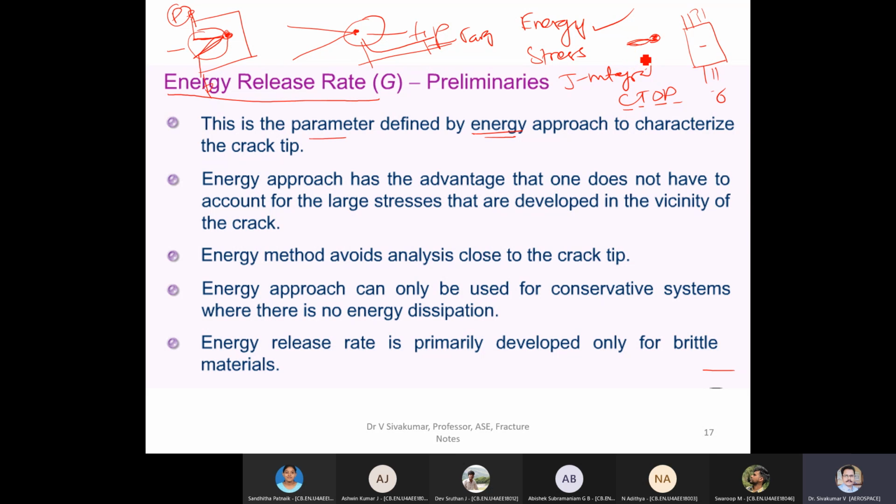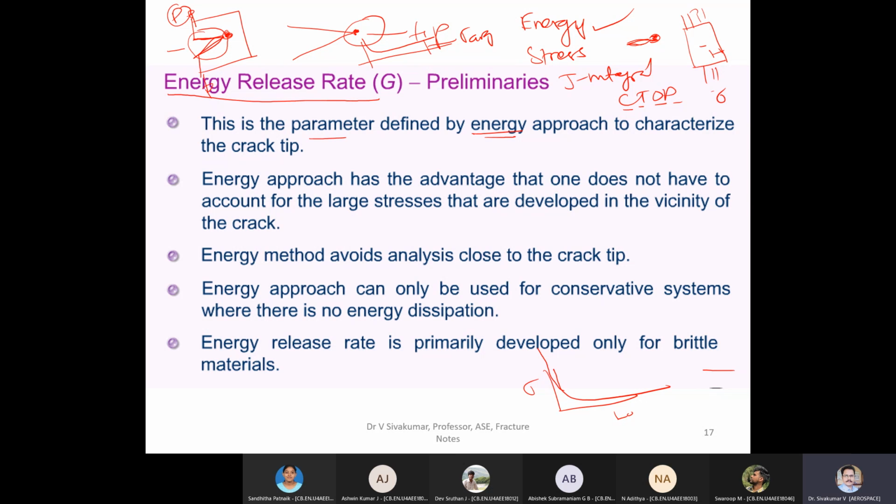If you plot the variation, this is sigma and this is the location. Very close to the crack tip it goes to infinity, which means some kind of singularity will come. Such problems are not there in the energy approach.